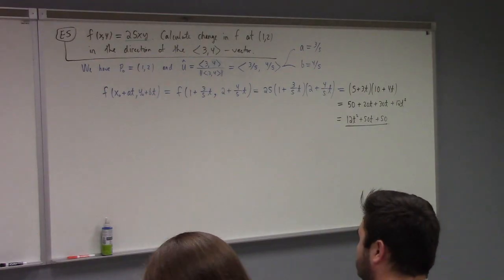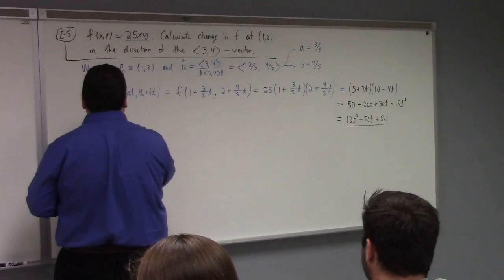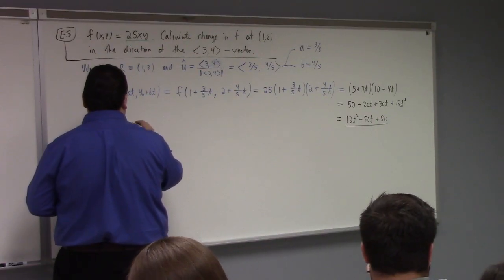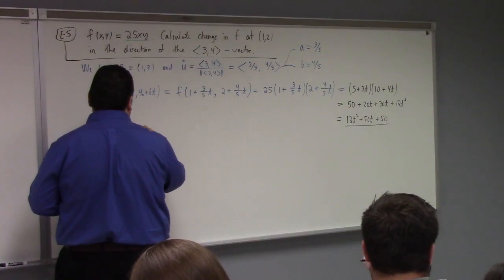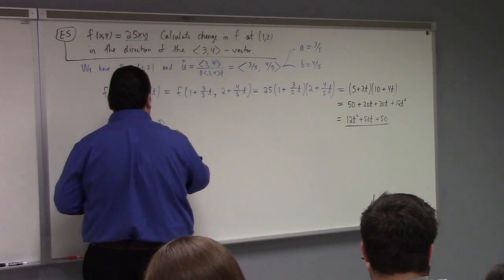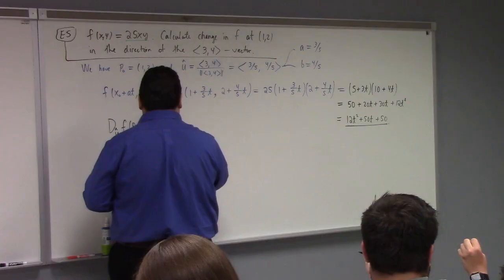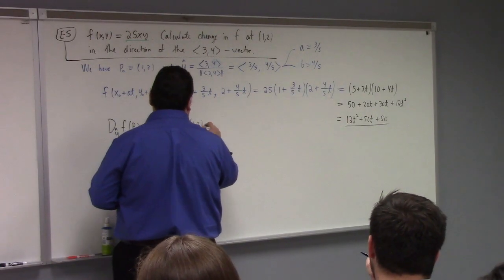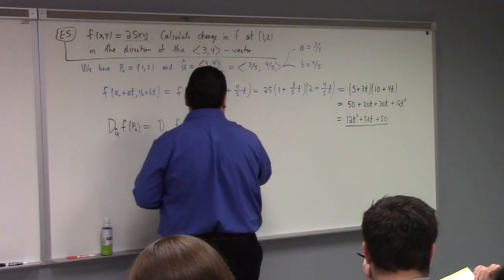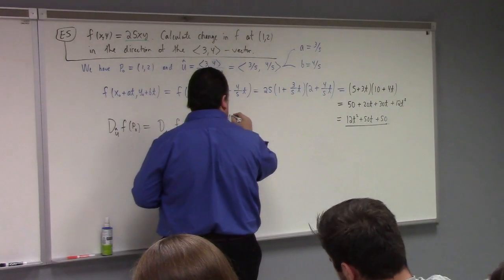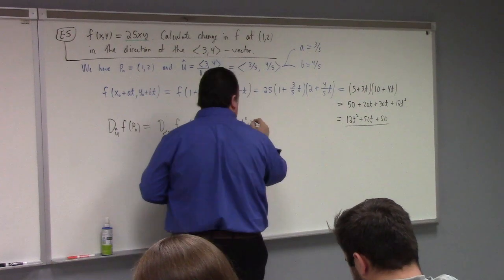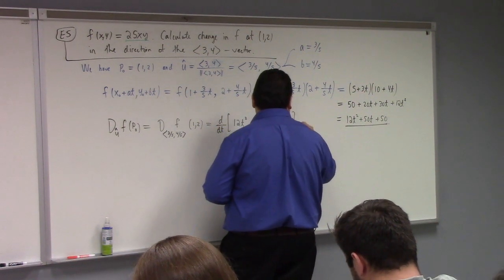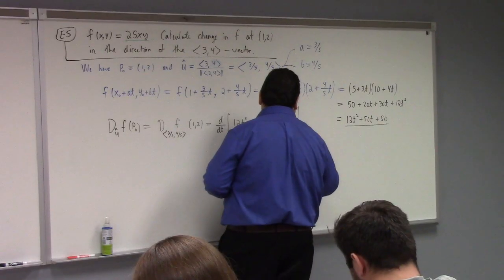Well, we can calculate now. So the directional derivative in the u hat direction of f at the point that we're given. To be specific, this is the directional derivative in the 3/5, 4/5 direction of f at the point 1, 2. That's d/dt of 12t squared plus 50t plus 50. And then we put t equals 0 at the end of that.